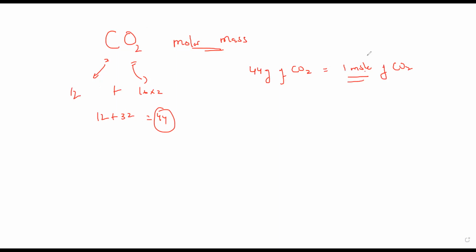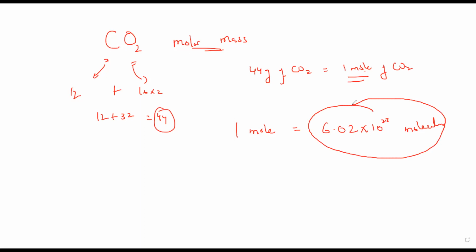And if you have 1 mole of any substance, how many particles, how many molecules will it have? It will always have 6.02 into 10 to the power 23 molecules. So if we have 6.02 into 10 to the power 23 molecules, that is also called 1 mole of a substance.